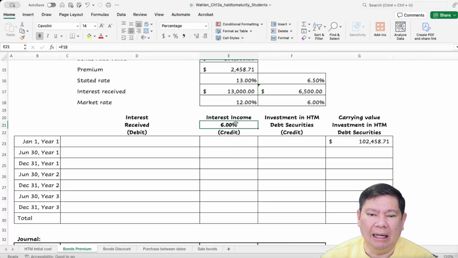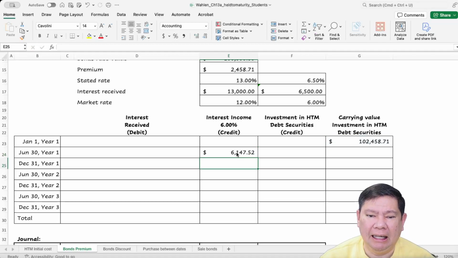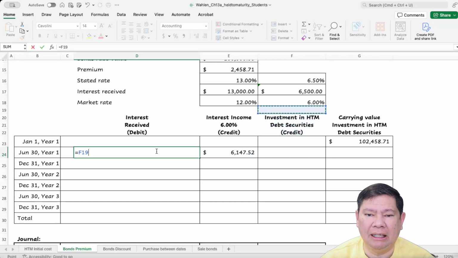Okay, the interest income is calculated using the semi-annual market rate, which is 6%. So we can calculate 6% times the beginning carrying value, which is 6,147.52. The cash that we will receive based on the coupon rate is 6,500.